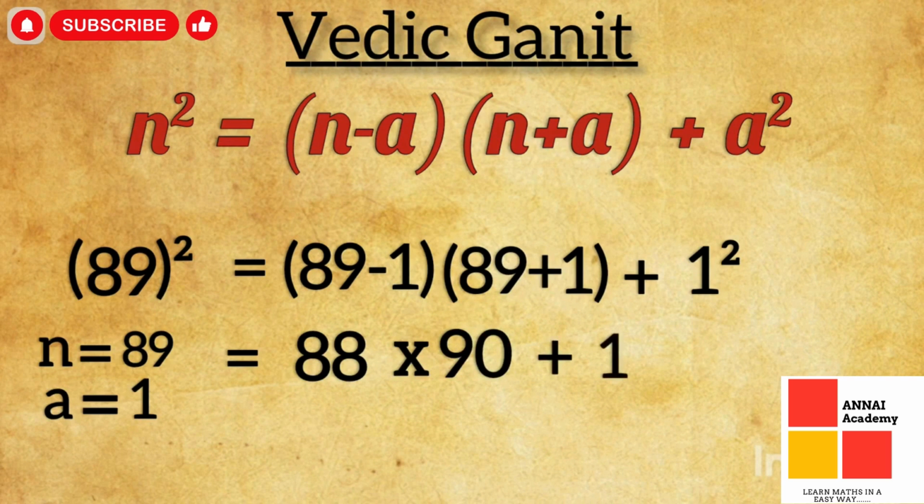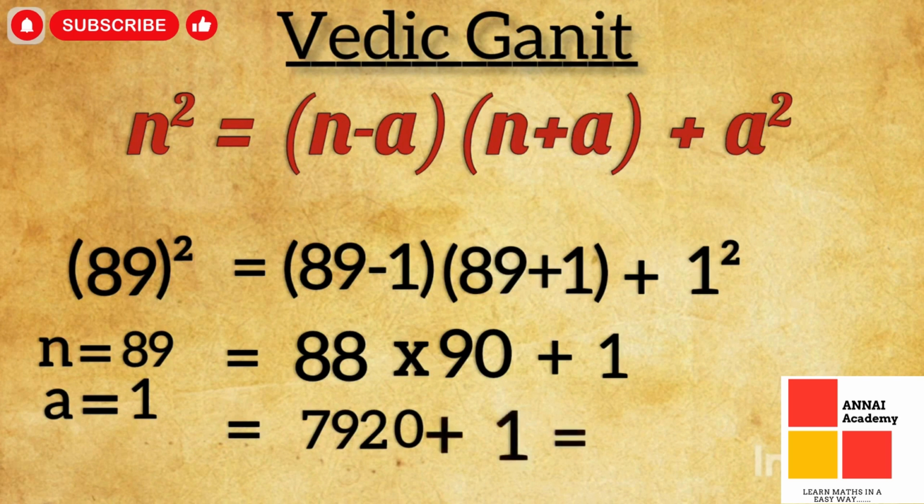So, we will multiply 88 by 9, and we will put a 0 at the end of our answer. Now, plus 1. When we add 1, we get 7921. And this was our answer.